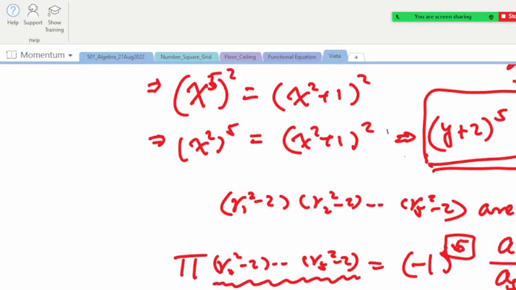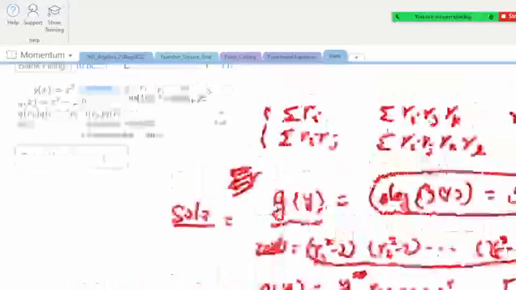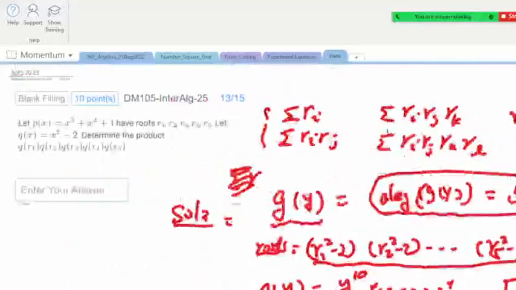So what I want to say is normally, using a variable replacement can make the problem much simpler.